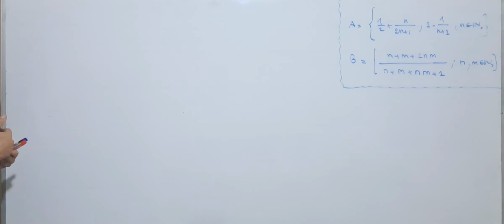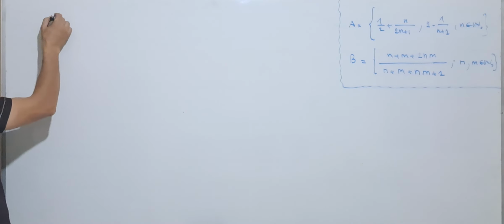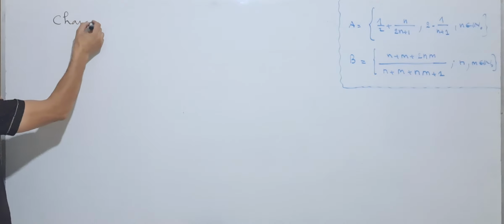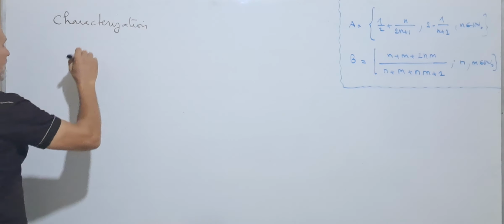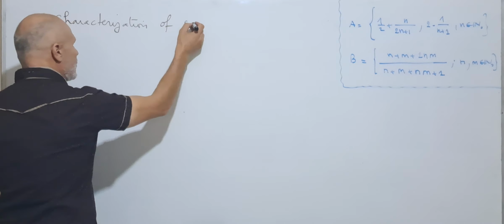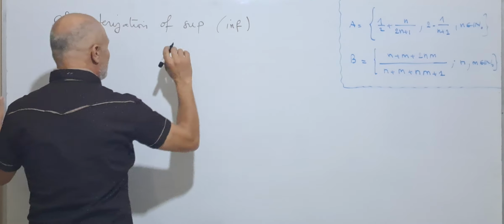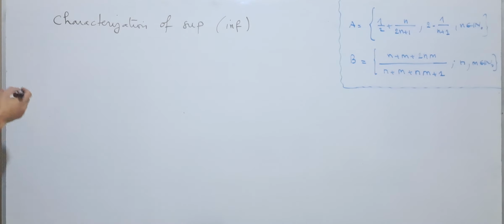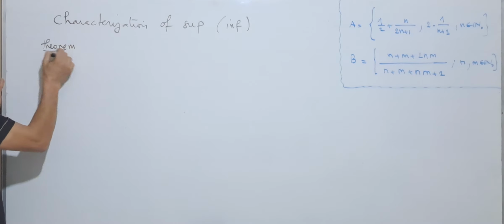For minimum and maximum it is very easy, so we don't need to use characterization. Characterization of the supremum and infimum of a set.